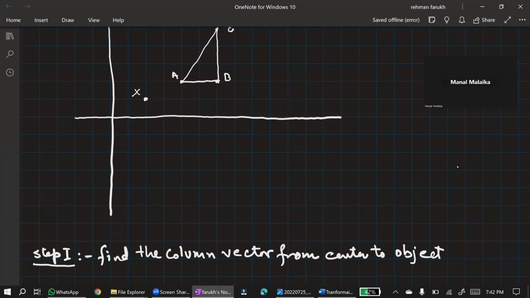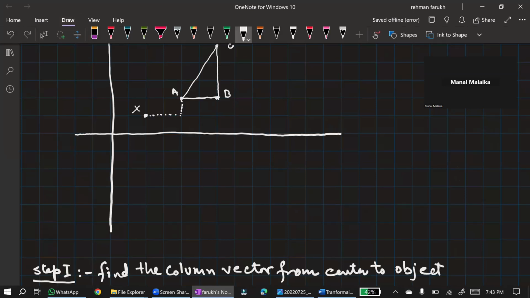What's the column vector? We will start from the center. (2, 1). The column vector is (2, 1). Is there any confusion?